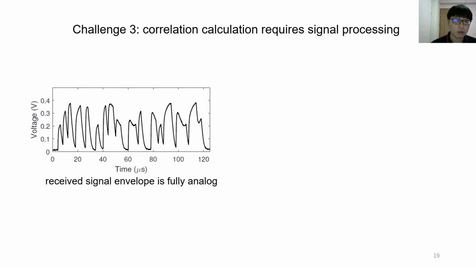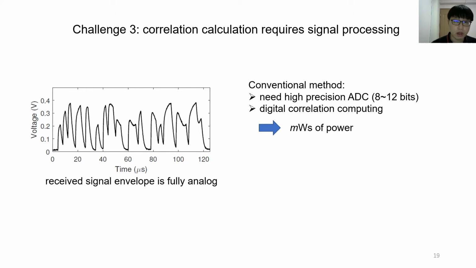However, to calculate the correlation, we need to do signal processing, which has high power consumption. This is the third challenge. And we can see this figure. This figure shows the received signal envelope under interference, which is fully analog.